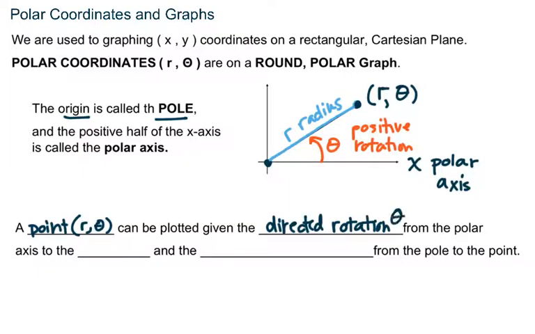So a directed rotation theta from the polar axis to the angle theta, and then we have a directed distance, and that is R. That's the distance out on that radius from the pole, the origin, to my point, R theta.